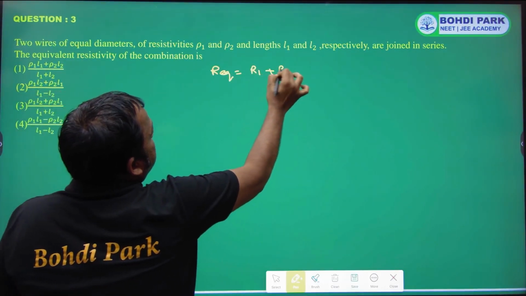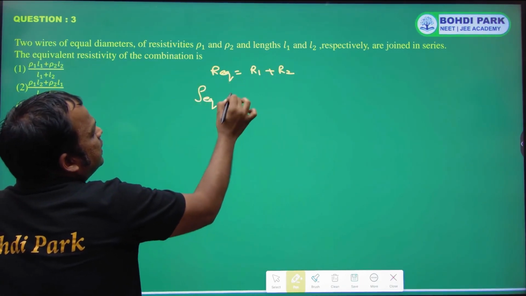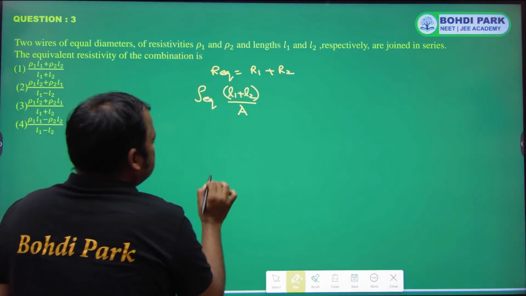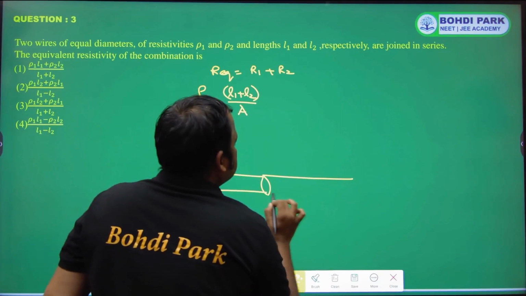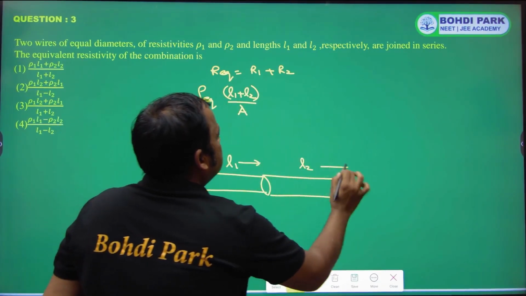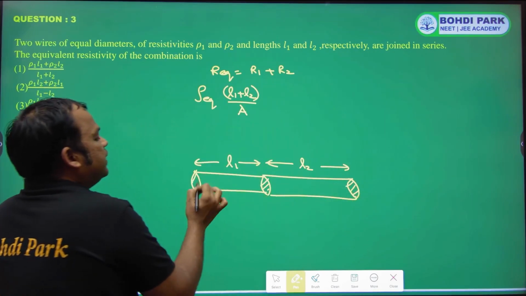R equivalent can be written as rho equivalent into total length, which is L1 plus L2, by area of cross section. You can refer to this diagram. Suppose this is the first conductor and this is the second conductor. We have the length of the first conductor and the length of the second conductor, and they have the same cross sectional area.